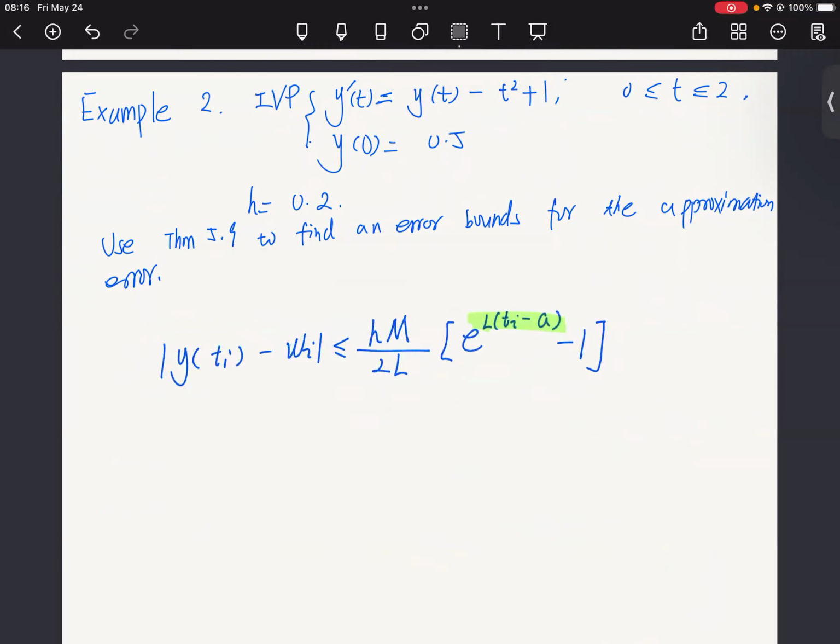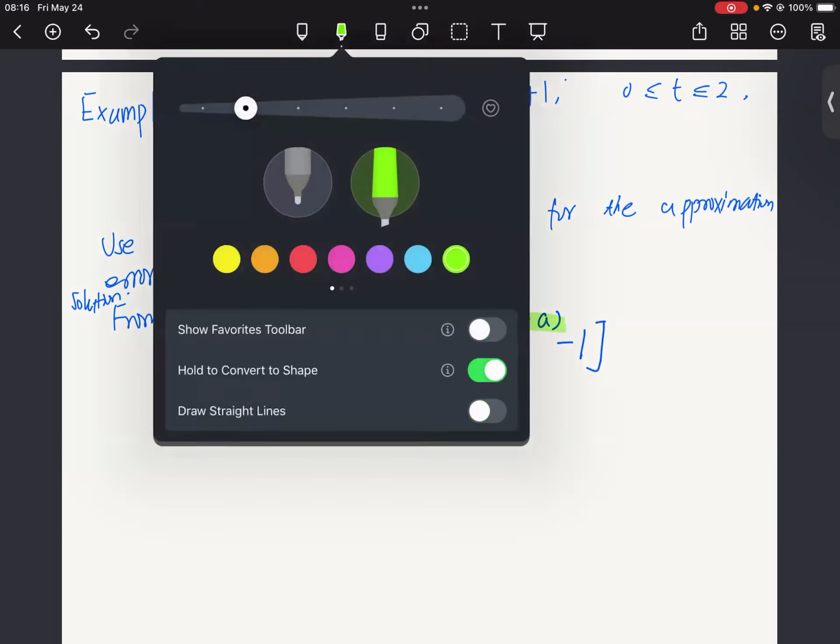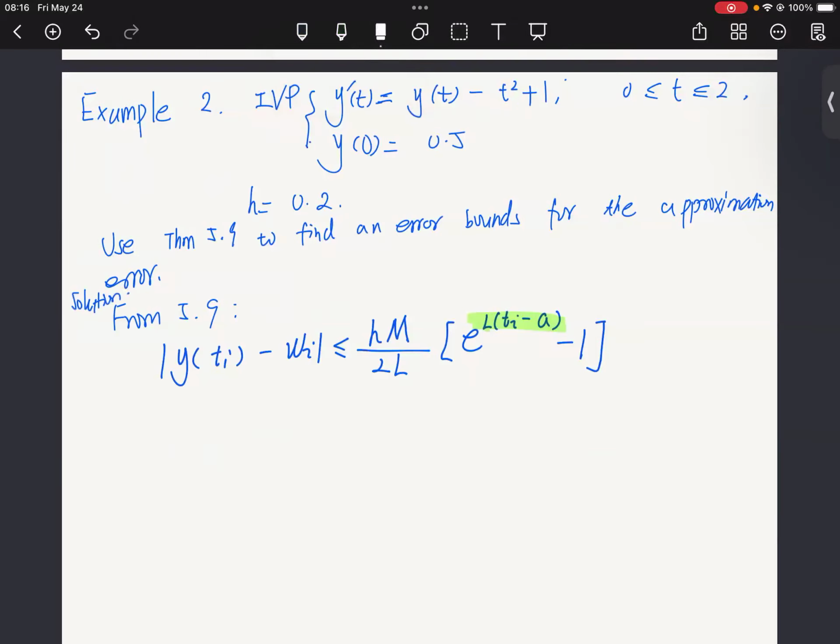So now we do some copy and paste, and this is from theorem 5.9, and we got this. Now what we need to figure out are several things.